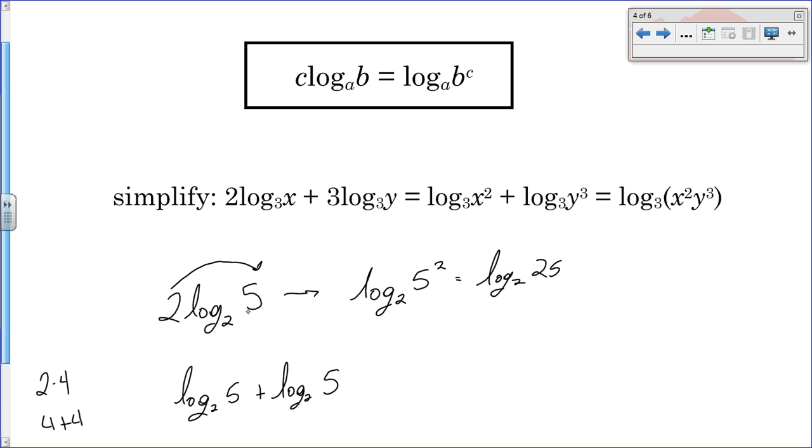Same thing here. 2 times this is the same thing as adding them twice without the coefficient.